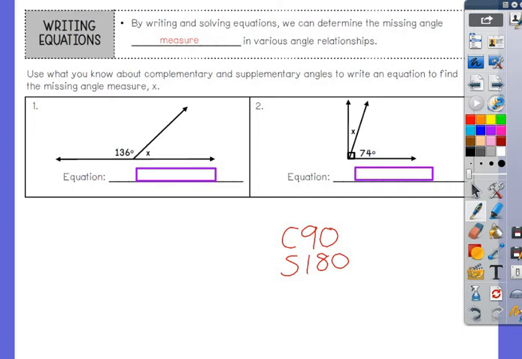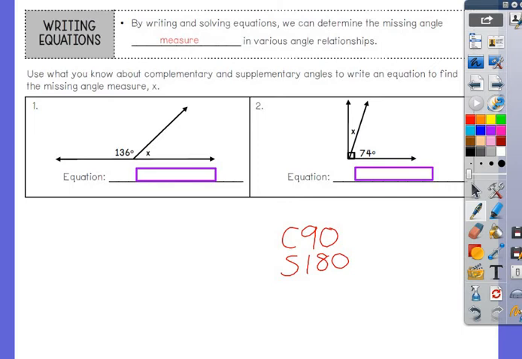All right, so now look at problems 1 and 2. So is number 1 or number 2 an example of a complementary angle?